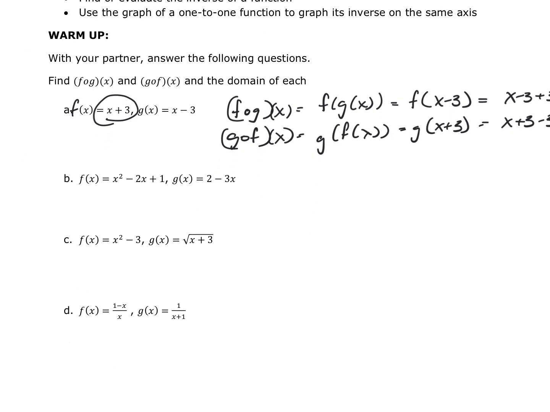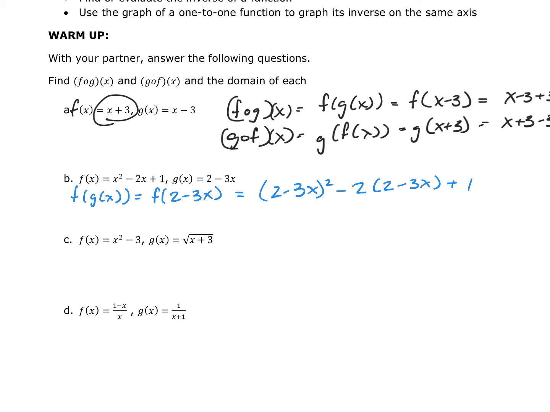Now let's take a look at the next one. So I'm going to do F of G of X, which is F of 2 minus 3x, which gives me 2 minus 3x, the quantity squared, minus 2 minus 3x, and then plus 1. And I'd let you simplify that.